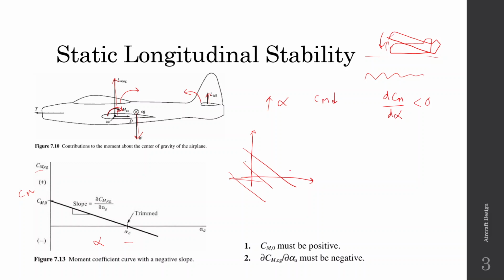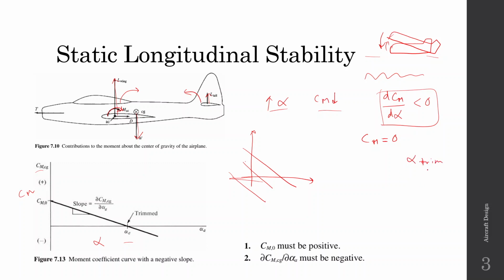Here we have to see what the trim alpha is. At what point does Cm equal 0? When we have this condition that when alpha increases, Cm will decrease, the aircraft will be stable around some alpha trim.